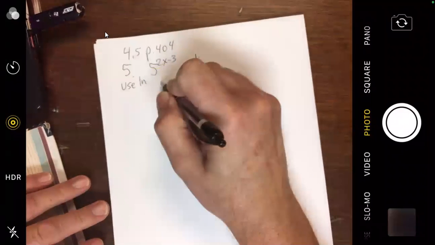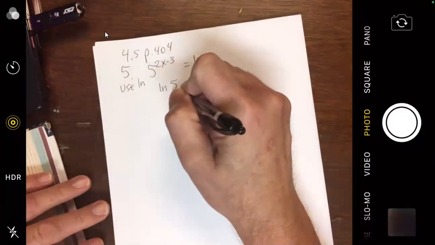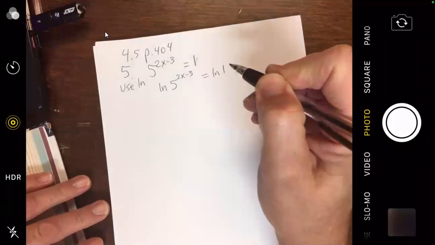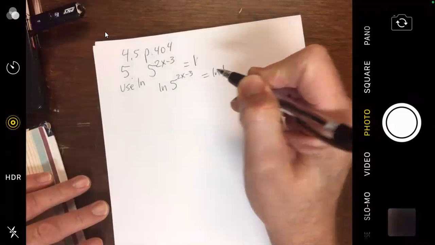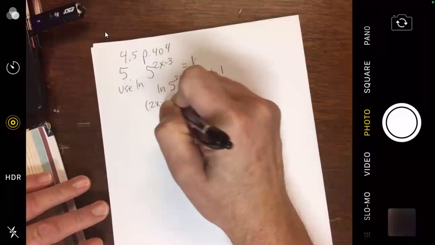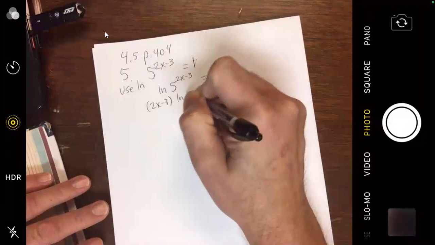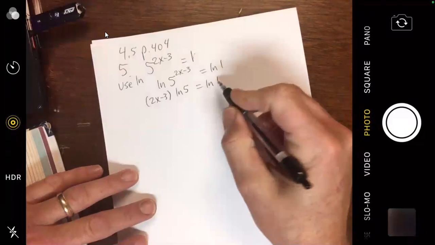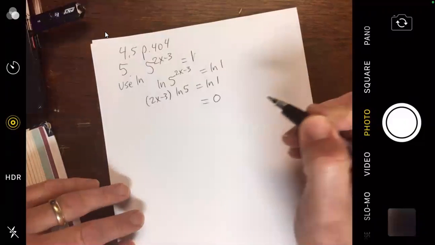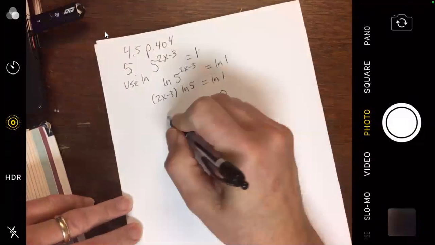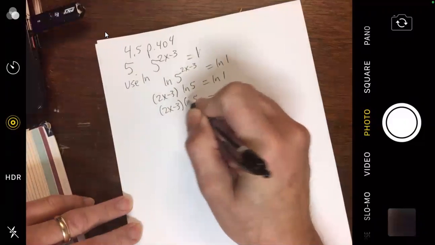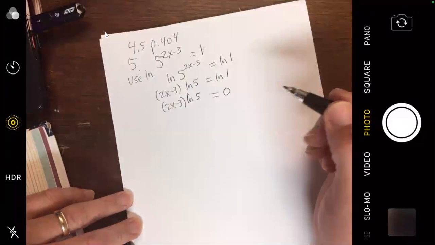So I'm going to use ln. ln of 5 to the 2x minus 3 equals ln of 1, which means I get 2x minus 3 to the front, times ln of 5, equals ln of 1. Remember, ln of 1 is always 0. You can punch it and see. So 2x minus 3 times ln of 5 is equal to 0.